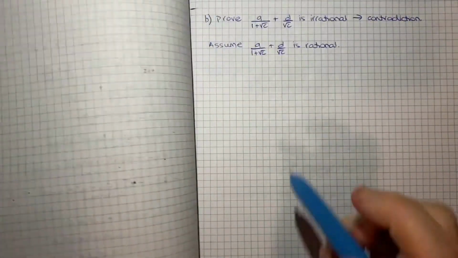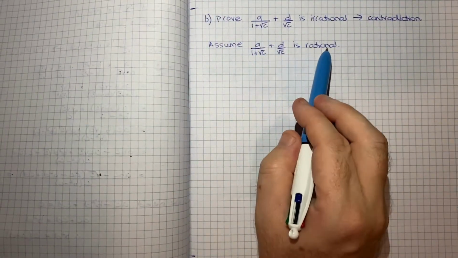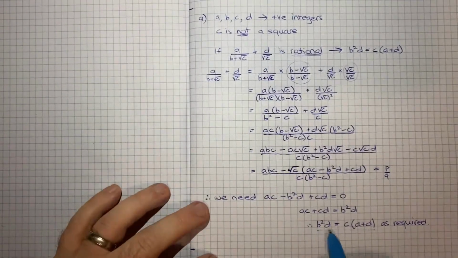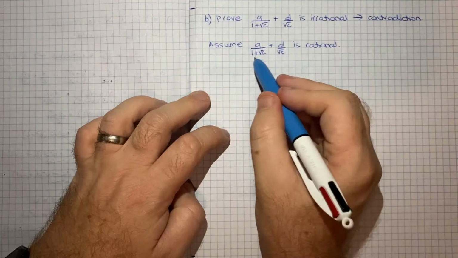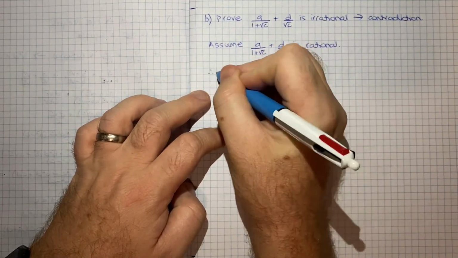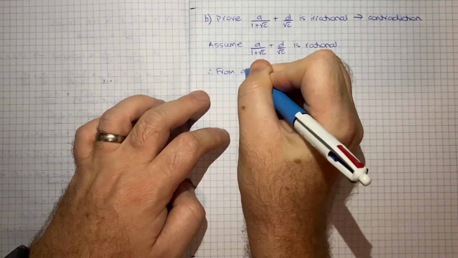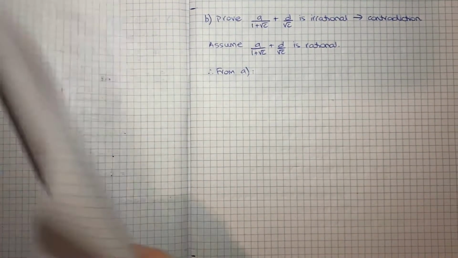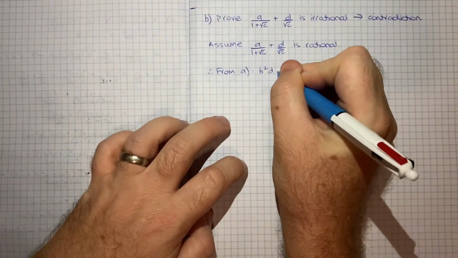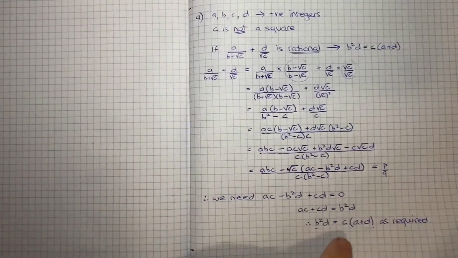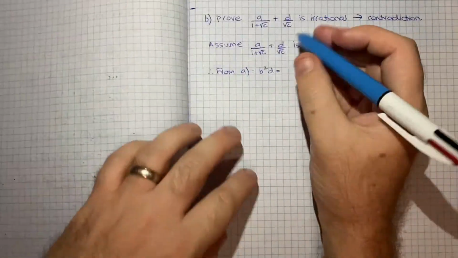So we've been shown that if an expression is rational, then this result holds true. Well, we've effectively done that. We've said this expression is rational. Therefore, from part A, what we can say is that b squared d is equal to c times a plus d.